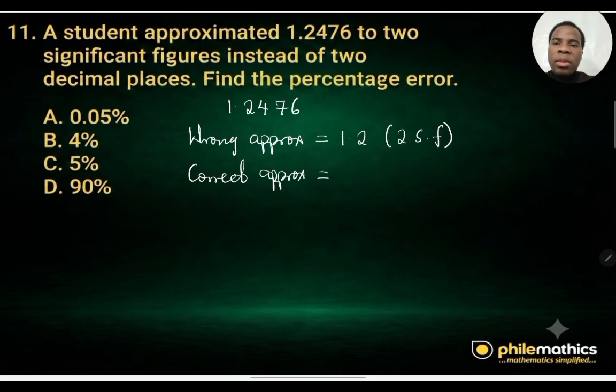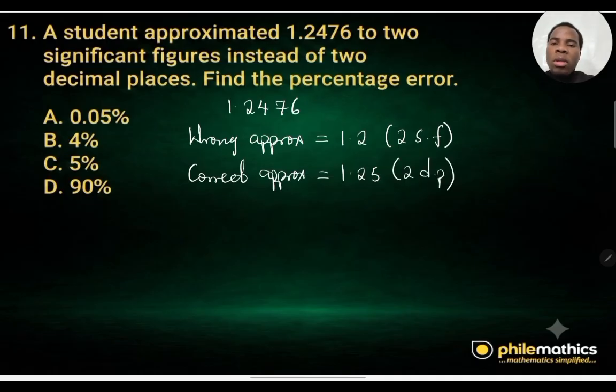Two decimal places simply means after the decimal point, you count 2 digits, which is 2 and 4. Since the next digit after 4 is above 5, we round up, adding 1 to 4. We have 1.25 to 2 decimal places.